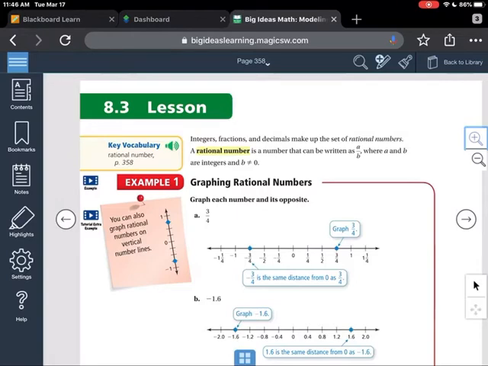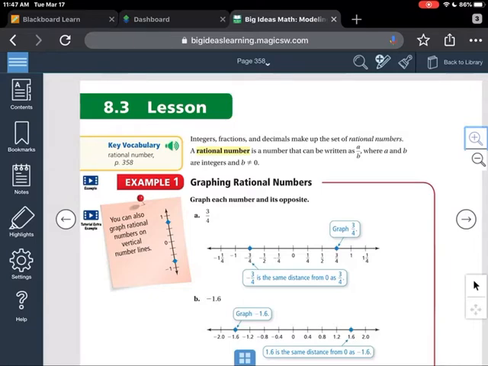If you'll notice, 3/4 and negative 3/4 are both 3/4 away from 0. And if you want to know the distance between the two numbers, you would have 2 times 3/4. Because from positive 3/4 to 0 is 3/4, and from 0 to negative 3/4 is also 3/4.